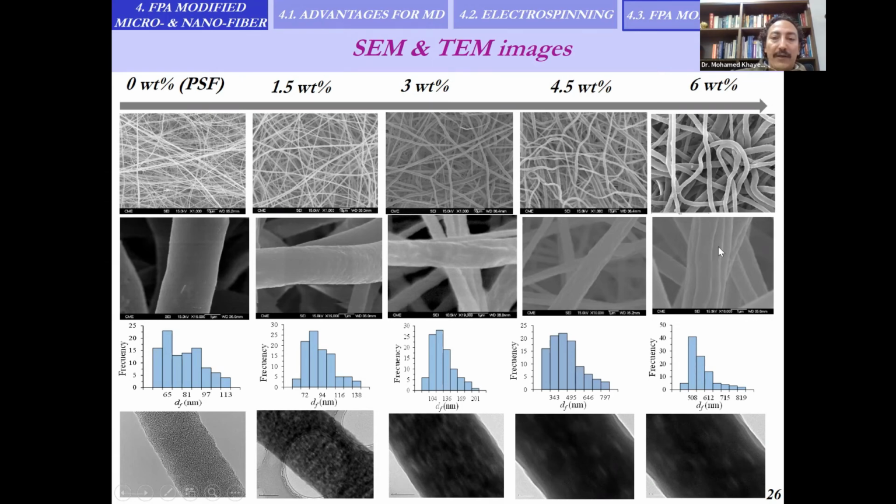The corrugations are aligned in the direction of the nanofibers. Below, you can see the TEM images of the polysulfone nanofiber, which is uniform and homogeneous, and those of the modified nanofibers, which show a more heterogeneous structure.